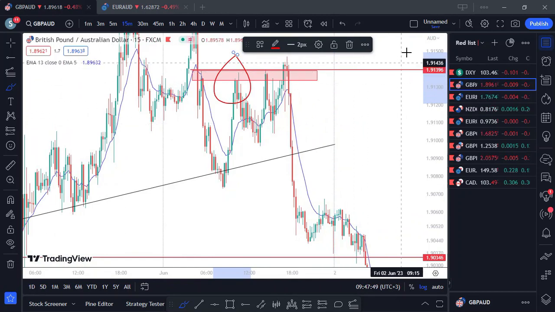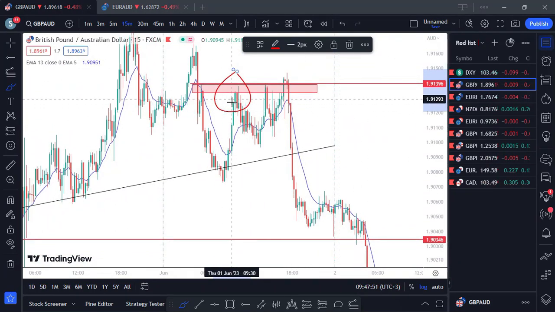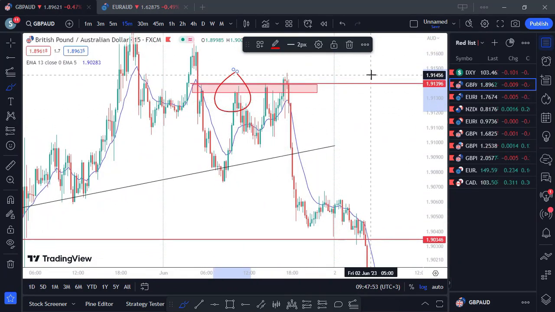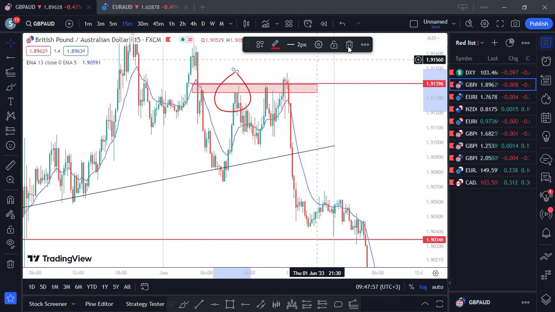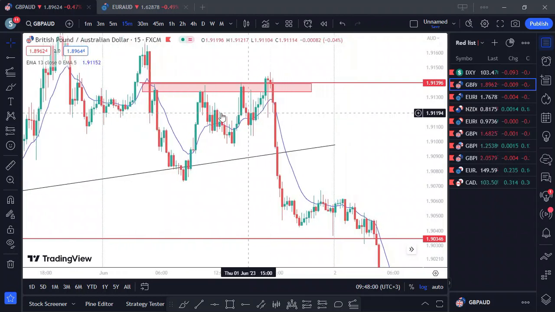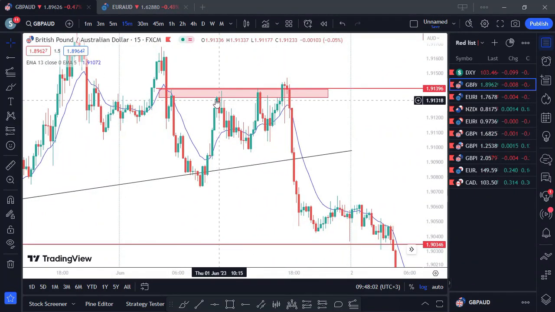So for me, because it tagged the first time here, and you can see the candle that it created here was a bullish candle, then like an engulfing bearish candle.